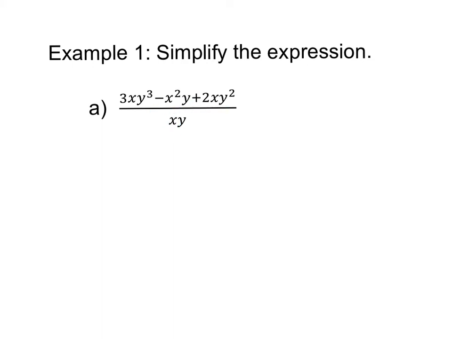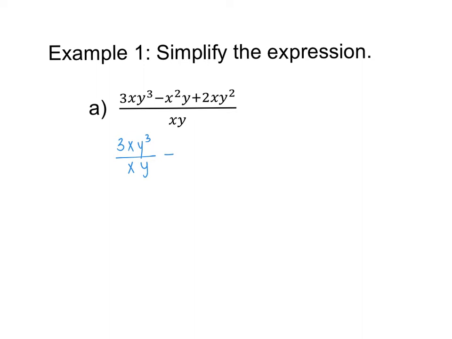So there's a rule that basically says that if they are all connected by one denominator here, you can actually separate the top by that denominator. And this is how you do it. So basically, I can give the first term 3xy to the third, and put that over xy.